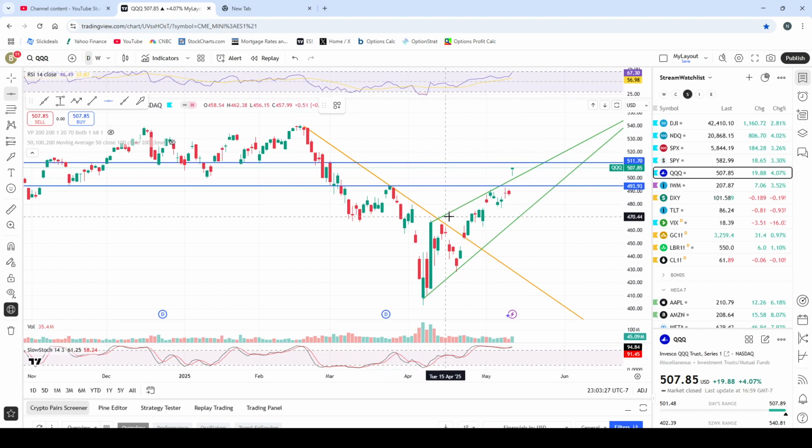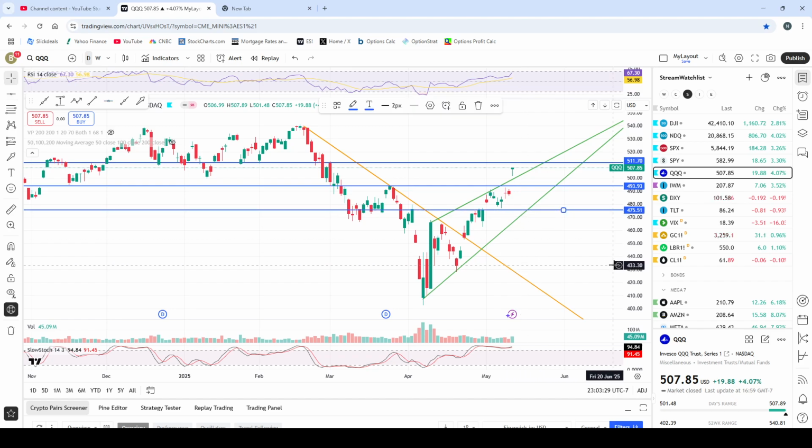Usually it tries to fill up the gap, and it's 475. So these are the levels that I'm watching next. So that is me walking you through how I think and how I predict prices. So I expect it to come back and at least hit here at 495, 494.